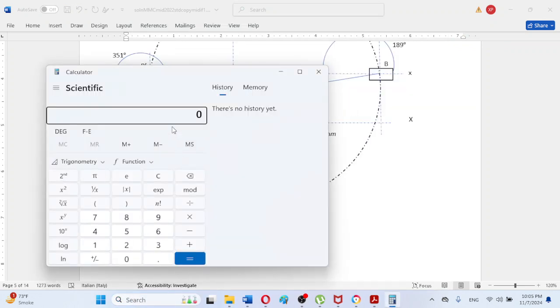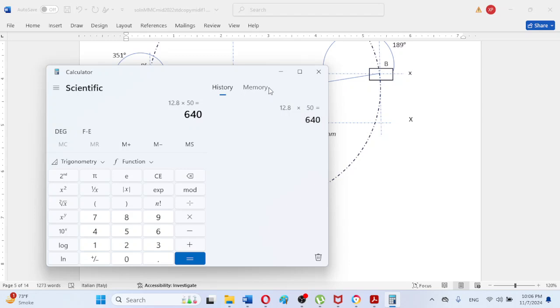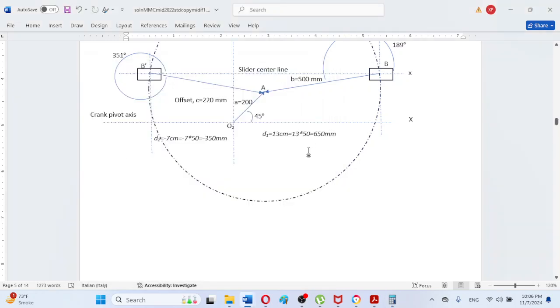For example, instead of measuring 13 by observation, I can mention here, for example, 12.8 multiplied by 50, so this will be equal to 640. As we can observe here, one or two graduation or mark values can make a lot of difference, but the procedure is 100% correct.